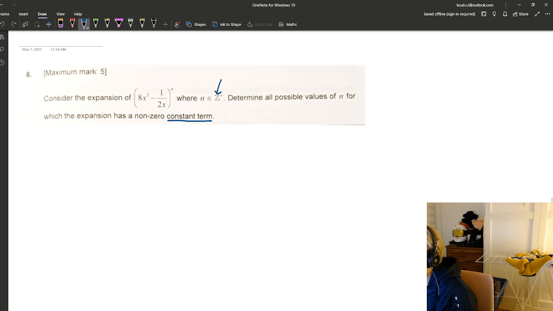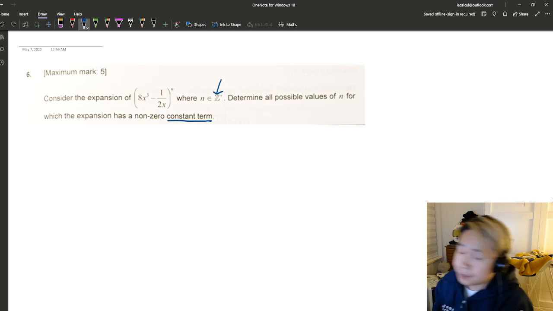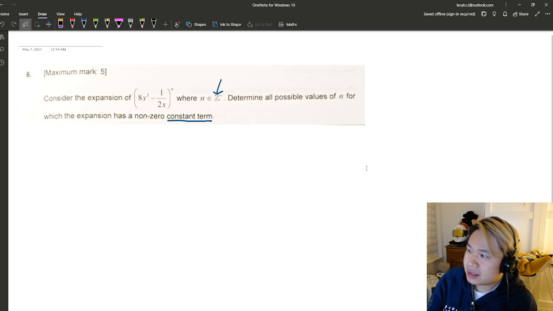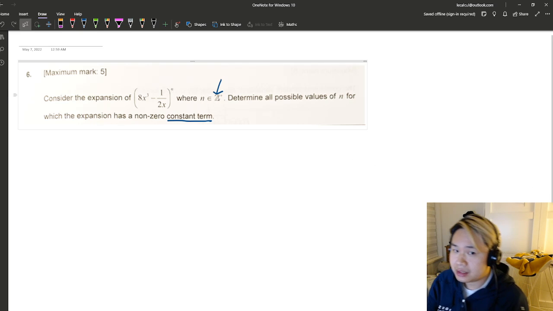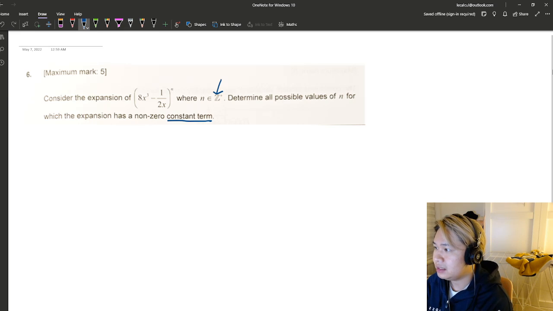This is actually not the HL extension of the binomial theorem, because we're only considering exponents n that are positive integers. So this is basically just an SL binomial expansion.